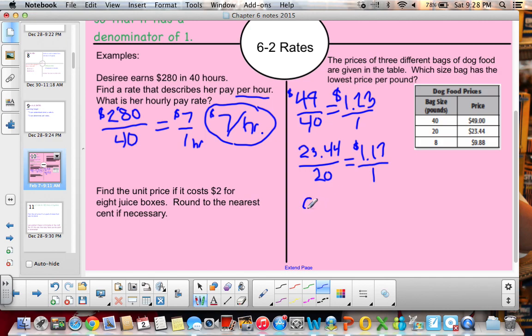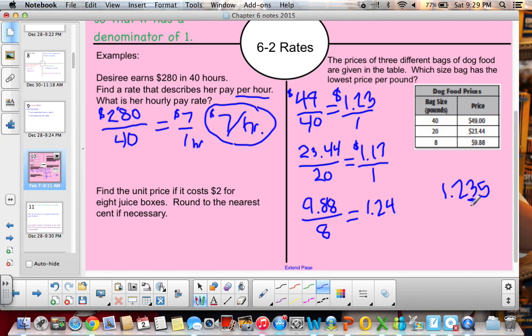And then we have $9.88 for the 8-pound bag. So 9.88 divided by 8 is 1.24. On my calculator it came up as 1.235, but I'm rounding it to this place right here.